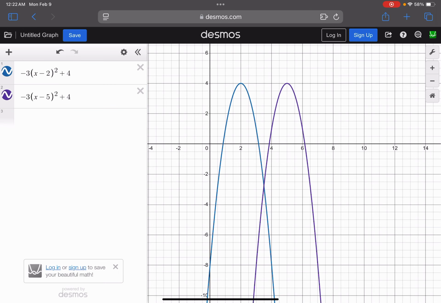Now our graph has moved to the right. Initially it was here, now it has moved to the right. Okay, the original max point was 2, 4. The new max point is 5, 4. So when the h changed from 2 to 5, our max point changed from 2, 4 to 5, 4. But the width looks the same.